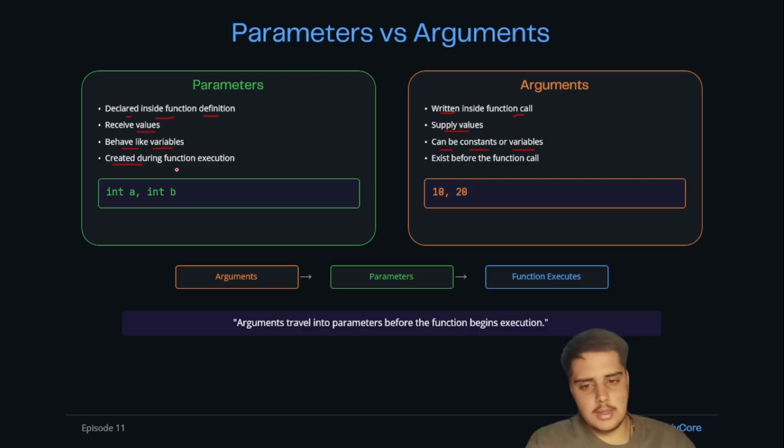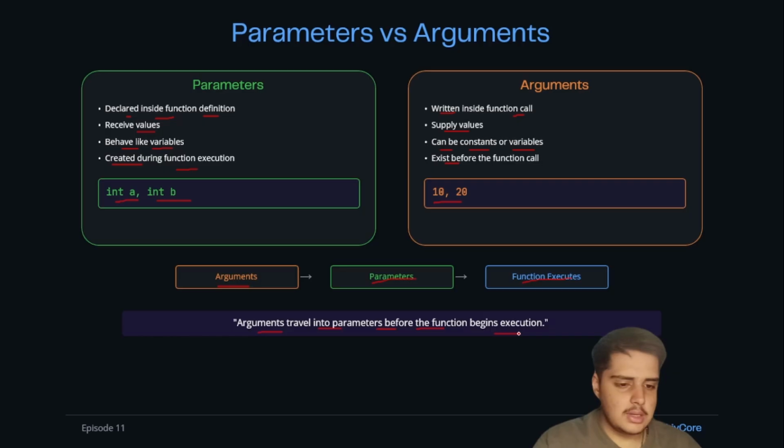Parameters are created during function execution, but arguments exist before the function call. So int A, int B are parameters and 10, 20 are arguments. Argument values are taken into parameters and then the function executes. So arguments travel into parameters before the function begins execution.